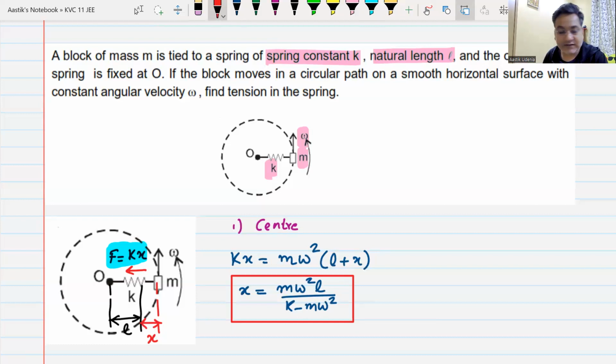But they did not ask us what is the extension in the spring. They wanted to find out the force or tension in the spring. Can anyone tell me what is the force or tension in the string? I have calculated the extension in the spring.